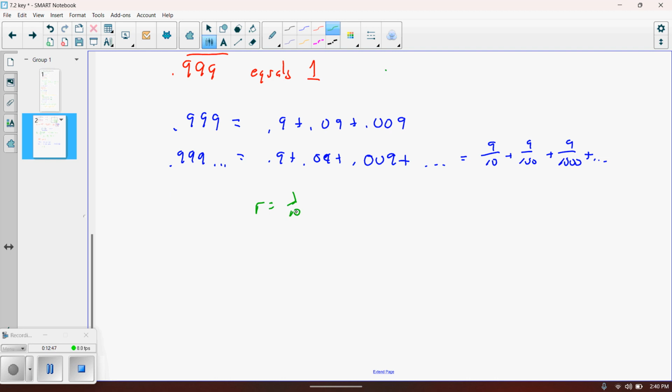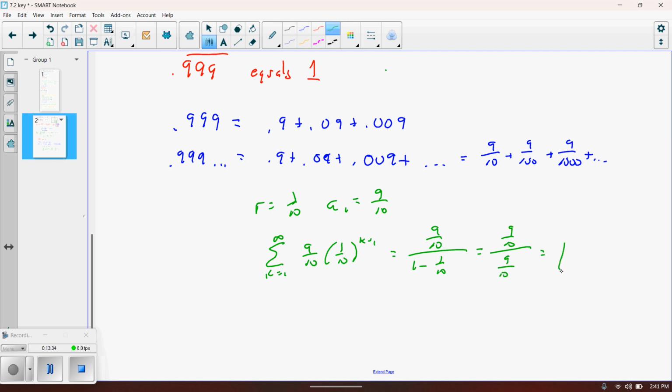Okay, because r is 1/10, we know that if we add up the infinite number of terms, it's going to add up to a finite number. A sub 1, in this case, is 9/10. So, according to our formula, if I want to take the sum, as k goes from 1 to infinity, of 9/10 times 1/10 to the k minus 1 power, we know that is a sub 1, 9/10, divided by 1 minus r, 1/10, and you get 9/10 divided by 9/10, which indeed is 1.